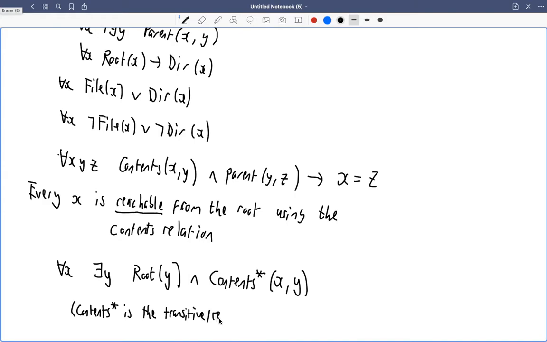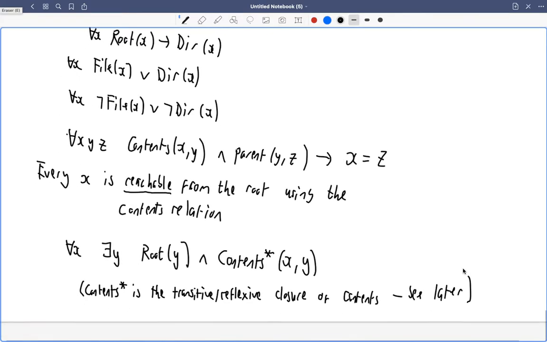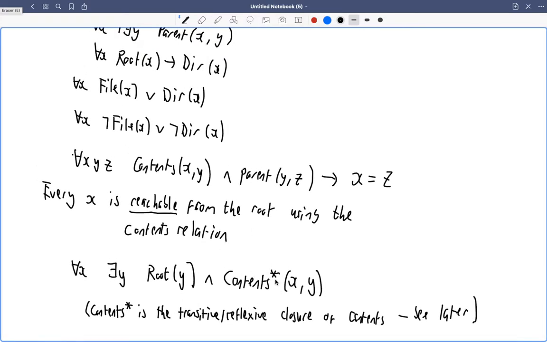Transitive reflexive closure of the contents relation. And just to give you a little hint about what's coming later, later we're going to see that we can't actually express this in predicate logic. So Alloy actually goes a little bit beyond predicate logic in its expressive power, because it does allow us to formulate this transitive reflexive closure.